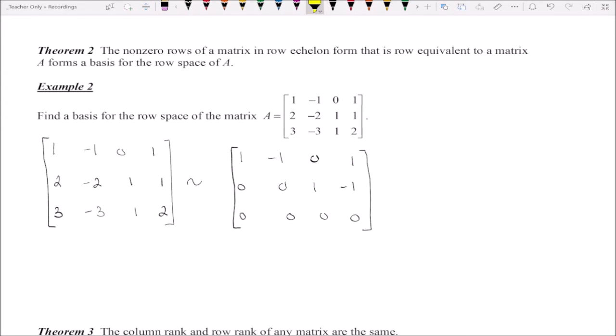And we look at the non-zero rows, in this case, rows 1 and 2. Now, all I have to do is take their transpose, and those vectors form a basis.